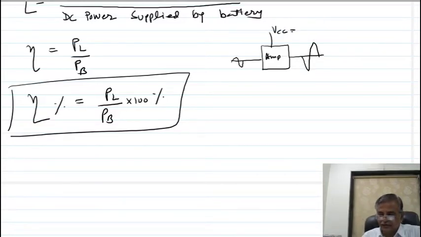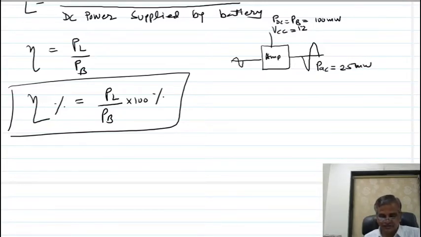So I am giving 12 volt, but my DC battery power, PB, I am giving 100 milliwatt, and here I am measuring PAC, my AC output power. Suppose I am getting 25 milliwatt.